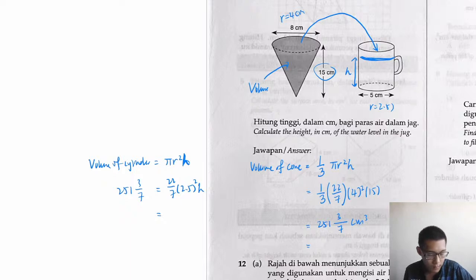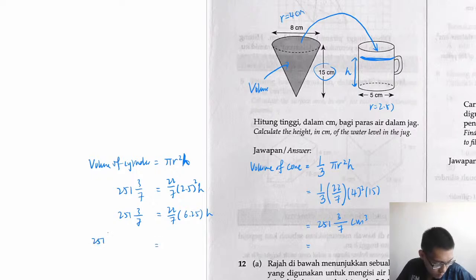Okay, so we have substitution. 2.5 squared, how much? We square 2.5, we get 6.25 h. And 251 3/7 we times 7/22, and divide by 6.25 h.